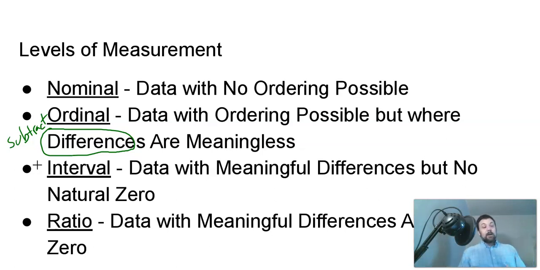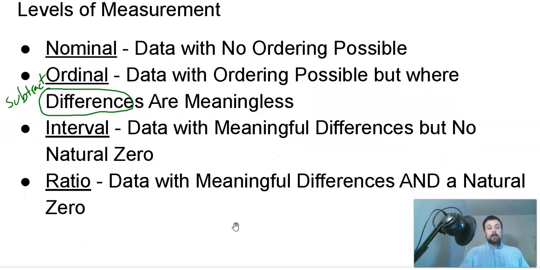And then ratio is data with meaningful differences and a natural zero, a natural starting point. And that's what makes data a ratio. So again, we'll see some examples later, and I'll maybe expound on this a little bit more. Right now, maybe that's a little bit fuzzy, a little bit abstract. But when we get to some examples, hopefully that'll clear it up for you. But for now, I'm just going to leave it as these definitions.